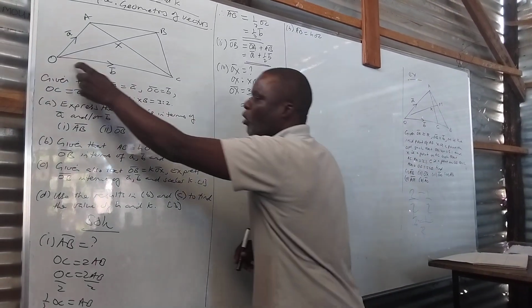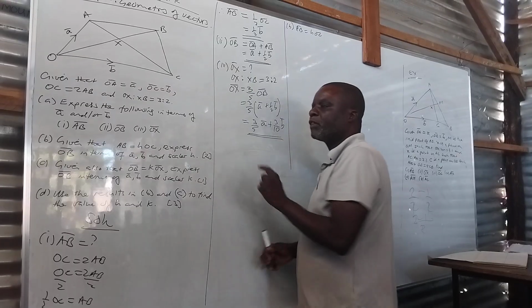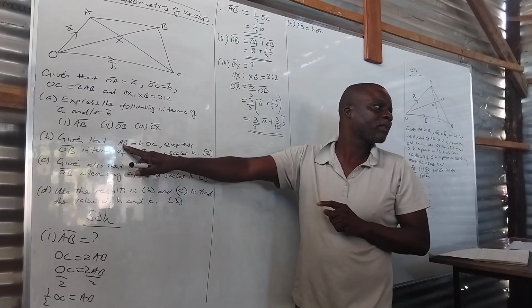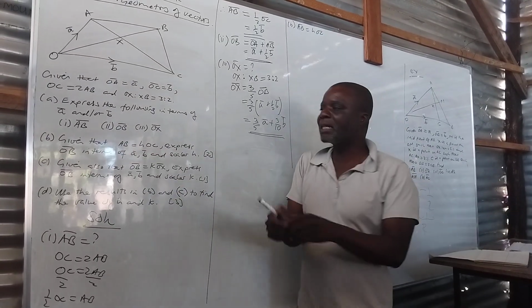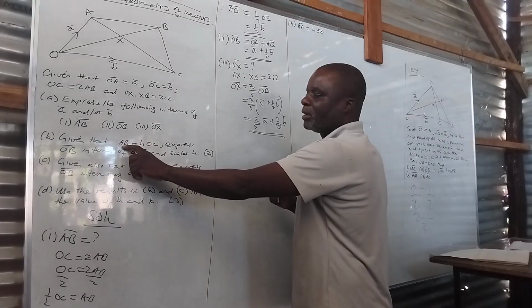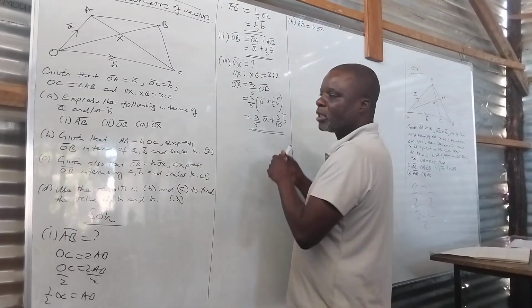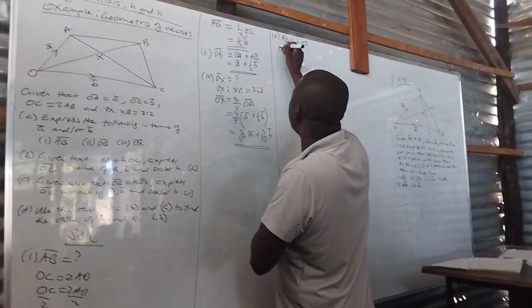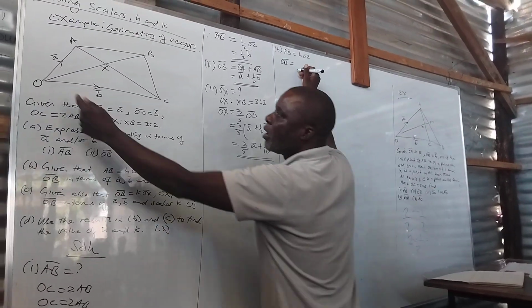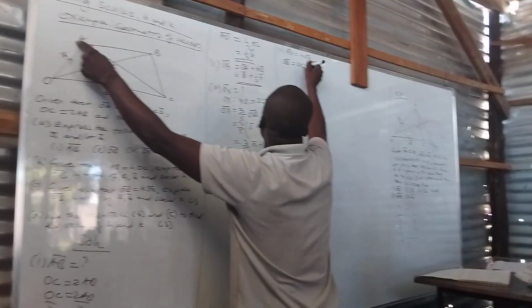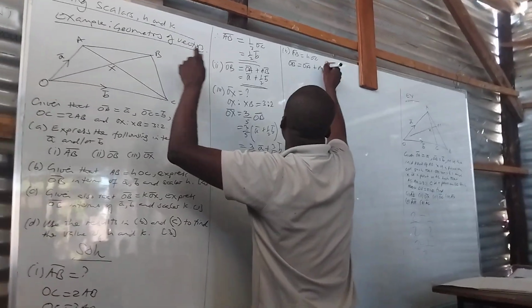To move from O to B, we use AB, since AB is h times OC. I can say OB is OA plus AB.